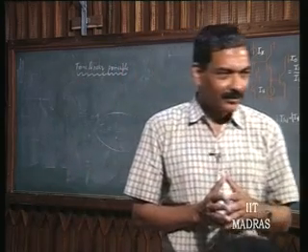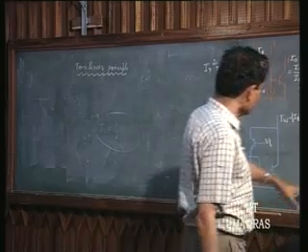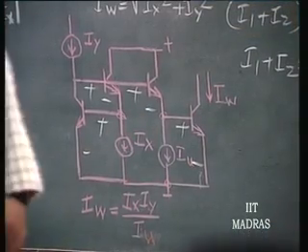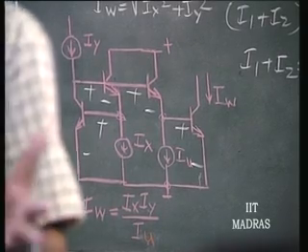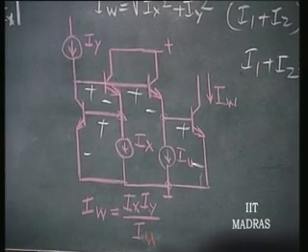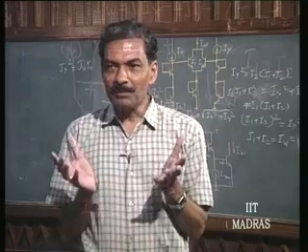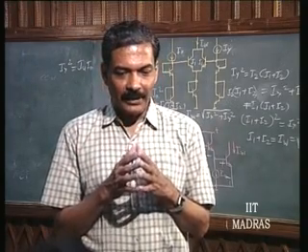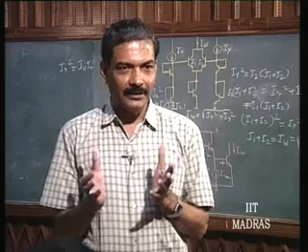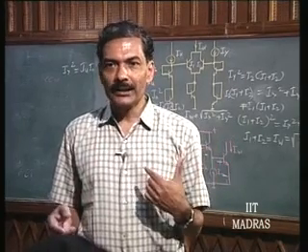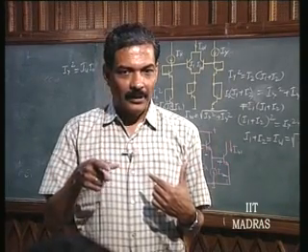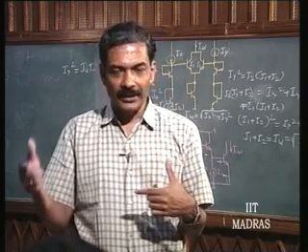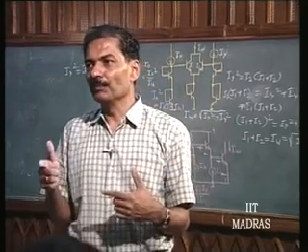Is it clear? So, we can therefore see that this property has been used in all modulators and demodulator circuits. ICs are nothing but multiplier circuits, and we have a variety of multiplier ICs generated only using this principle of 4 diodes, 2 of the diodes in one direction, 2 other diodes in the opposite direction, forming a loop.